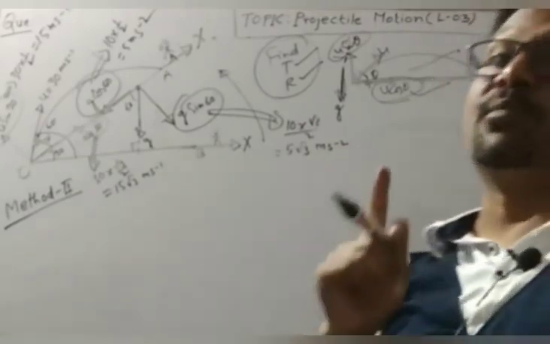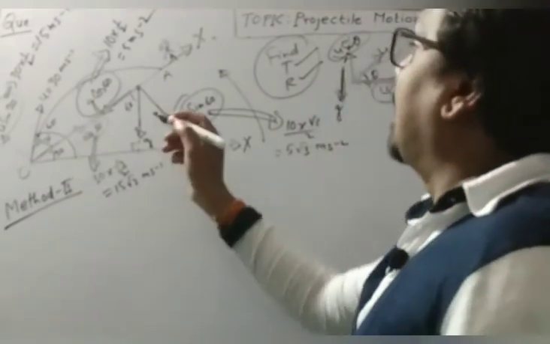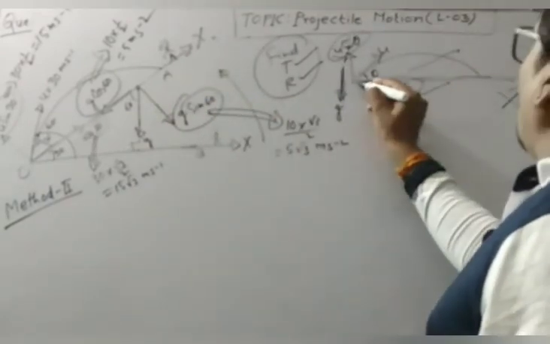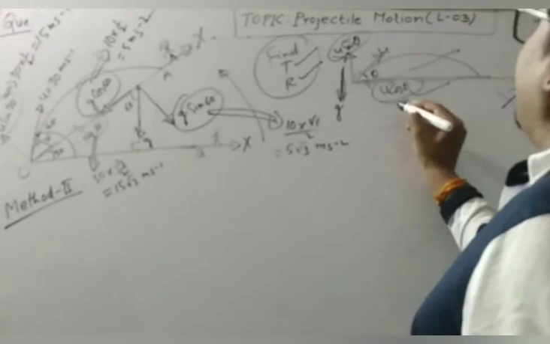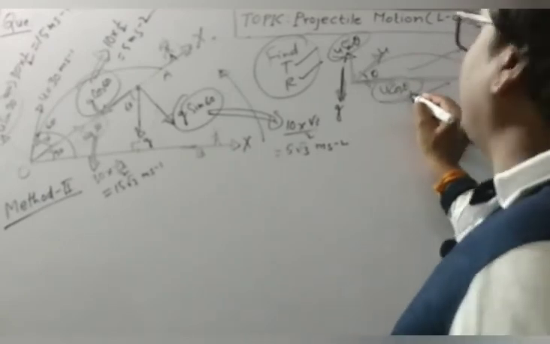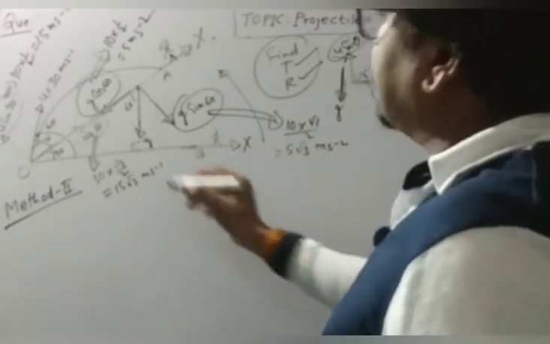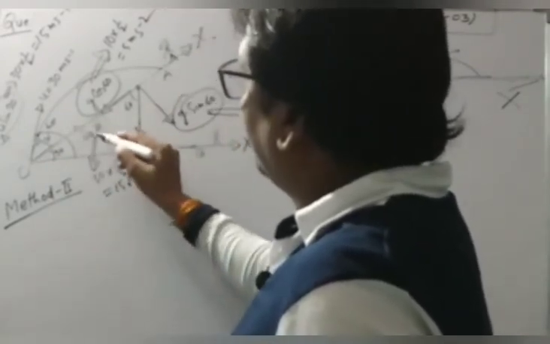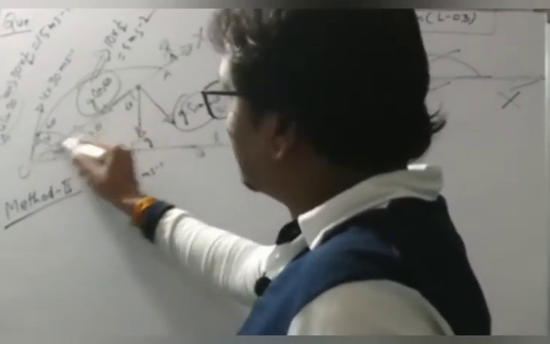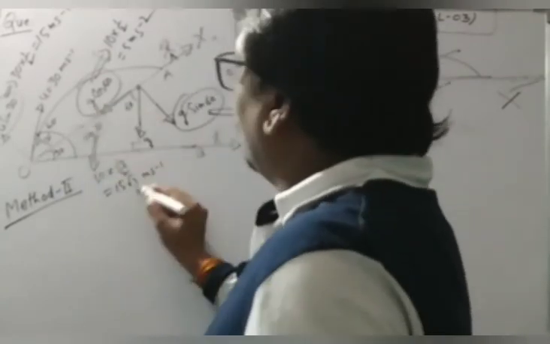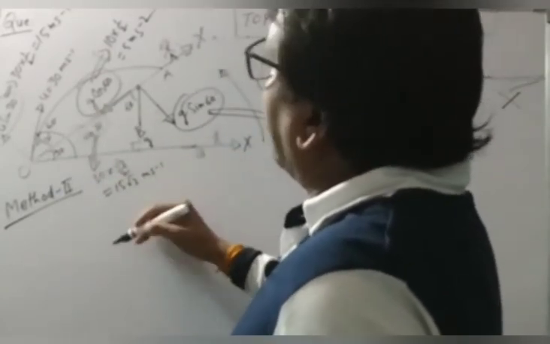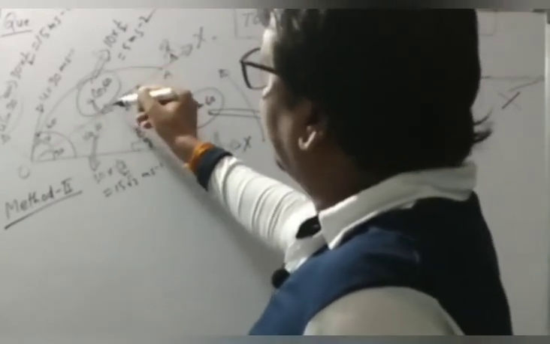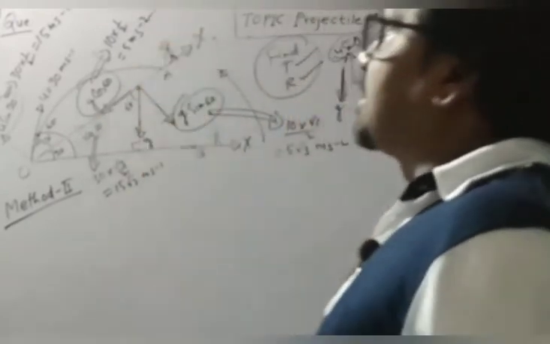And there is one more acceleration in this case along the x-axis. Earlier, along the x-axis there was no acceleration; that was purely u cos theta, constant. But in this case, along the x-axis, velocity is 15 root 3 meter per second, and one acceleration is also just opposite to this velocity, and this component is 5 meter per second square.